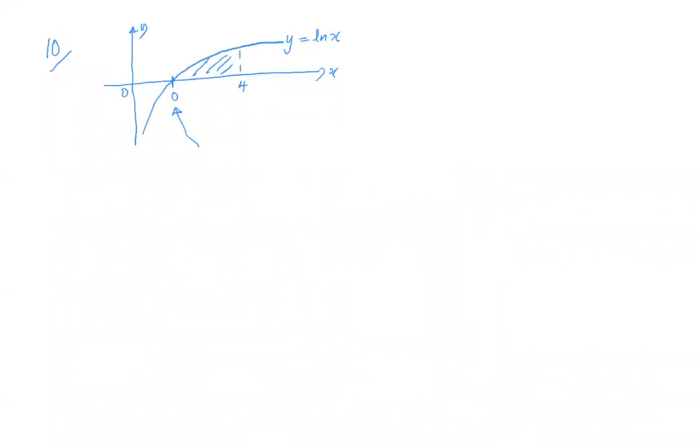Okay, let's go to question 10. You have the question 10 with you. This is the graph. This is a function. Can someone tell me how I get a 0 here? In the question, there is no such thing here.